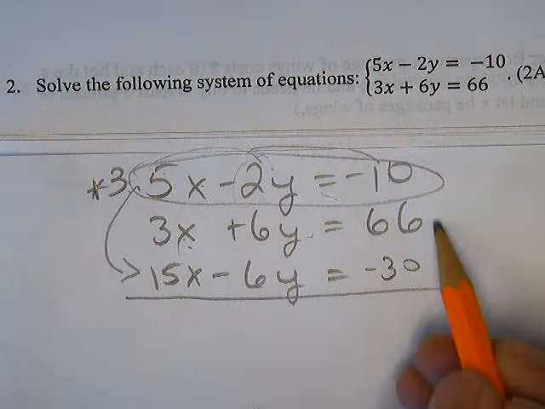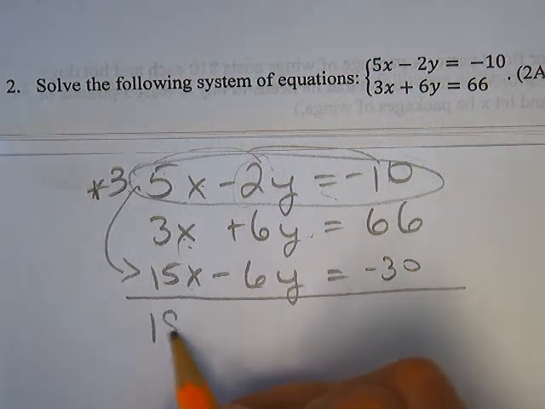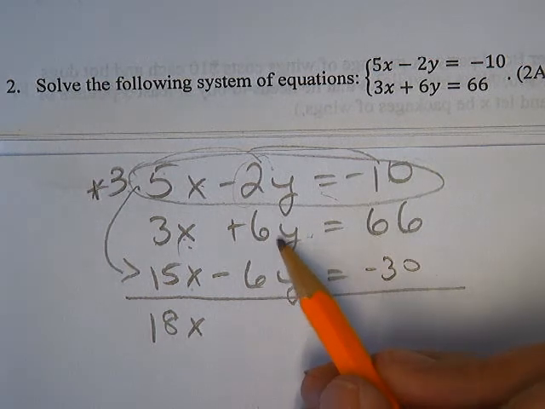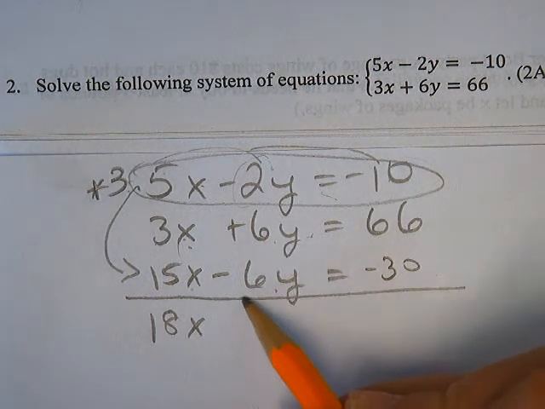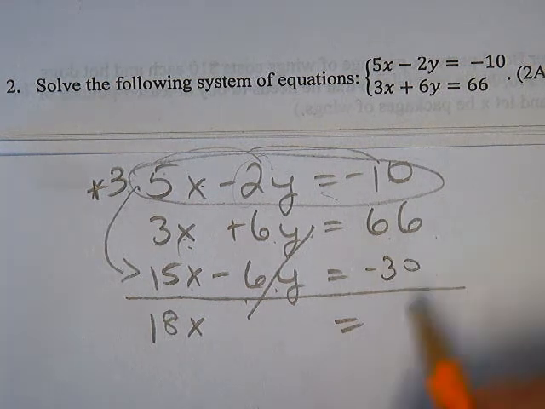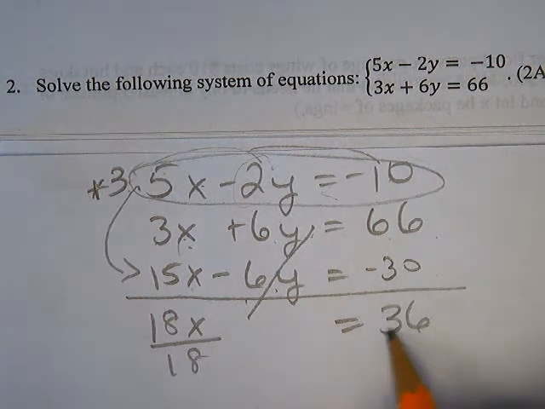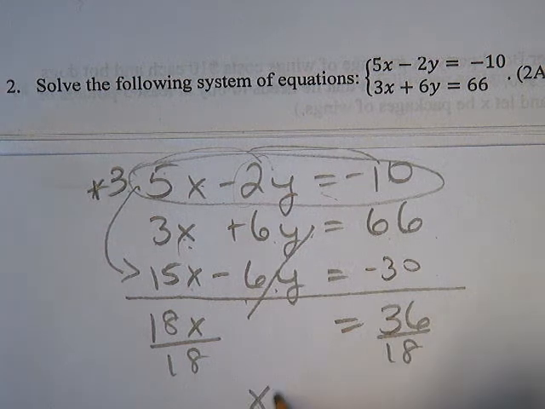I now will add these two equations together. 3x plus 15x is 18x. 6y minus 6y cancels, and 66 minus 30 gives me 36. Divide both sides by 18, and I get x is equal to 2.